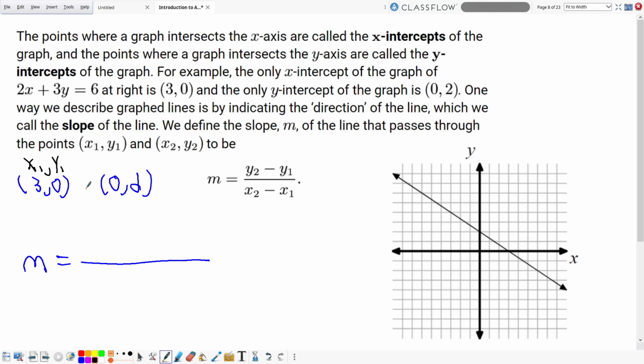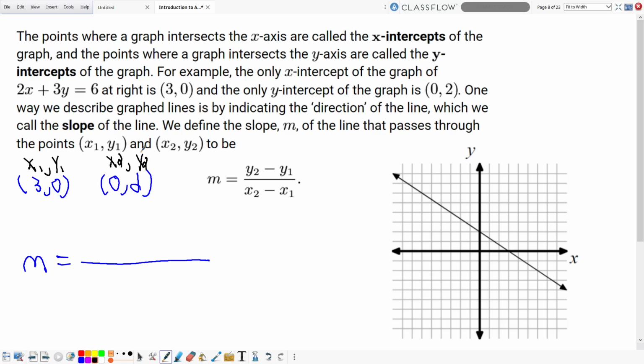I couldn't just say it's x1, y2 in the same ordered pair. That doesn't make sense. So I'll call the ordered pair 3, 0 my x1 and y1. And then our next ordered pair, 0, 2, will represent my x2 and my y2.